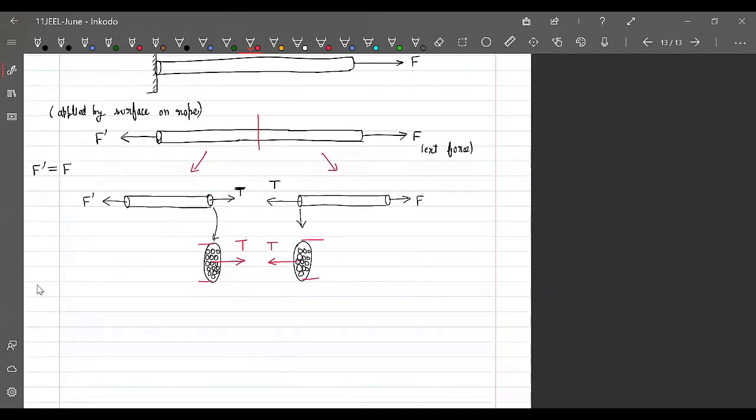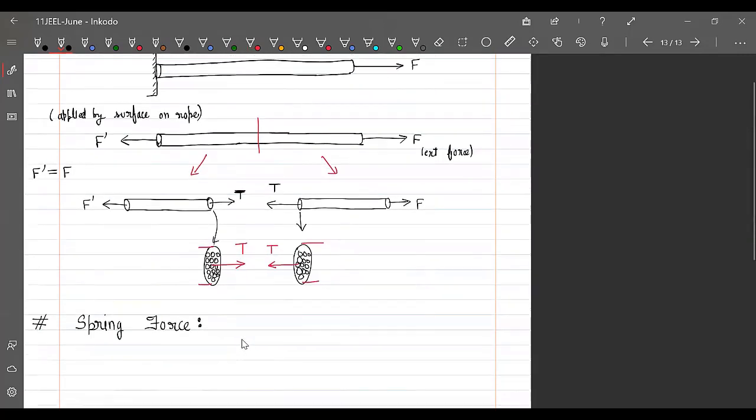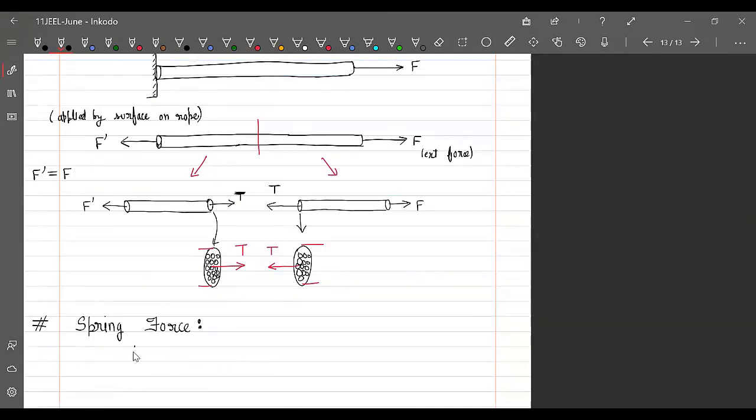And we'll also talk about a spring force. We'll take a spring, and let us say the spring is attached to a surface and it is relaxed. Relaxed means it is neither pulled nor pushed.